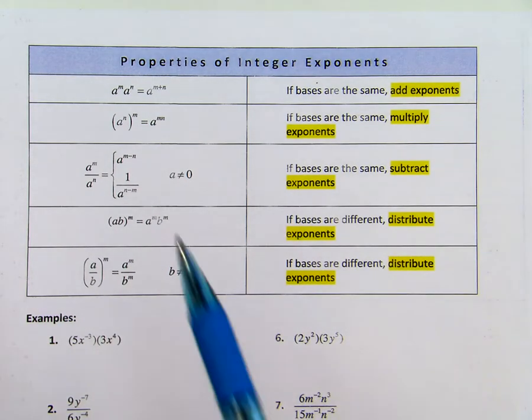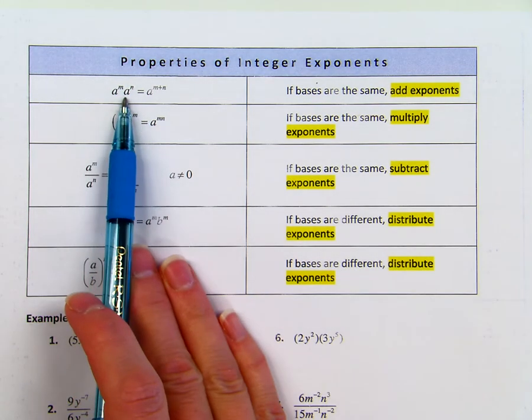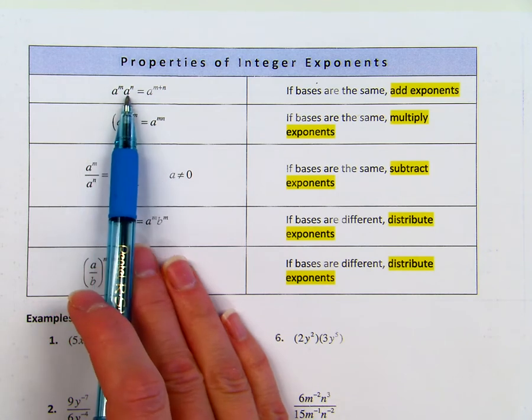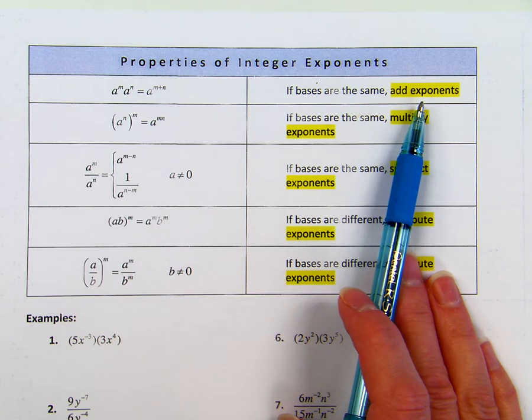On this page, we find out how to combine exponents if we have more than one base. On the previous page, we really just had one base number we were concerned with. So our first one, if we are multiplying two values that have the same base, as long as those bases are the same, we can combine them by adding the exponents.